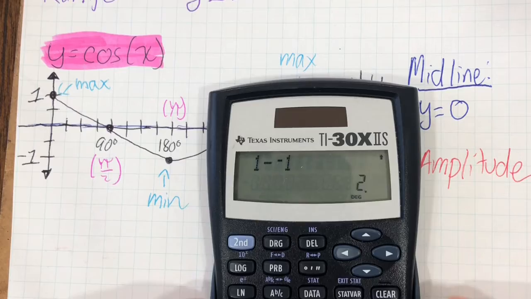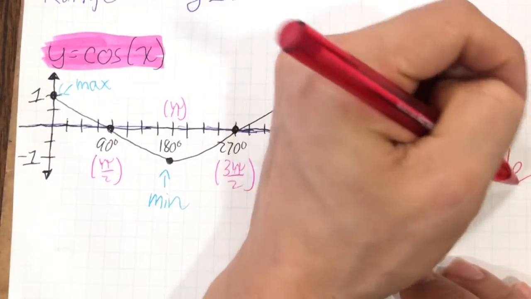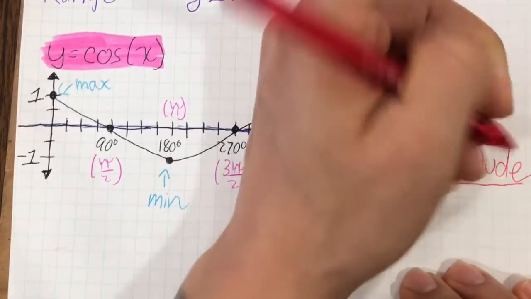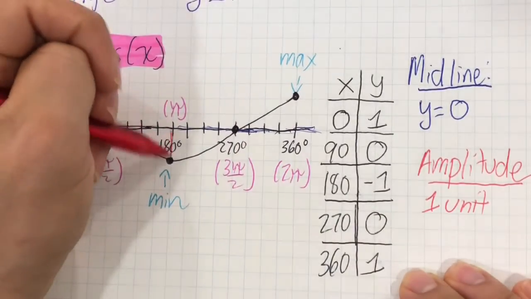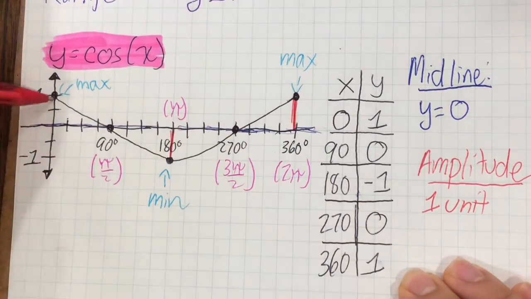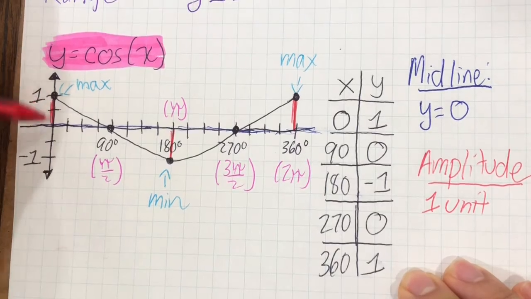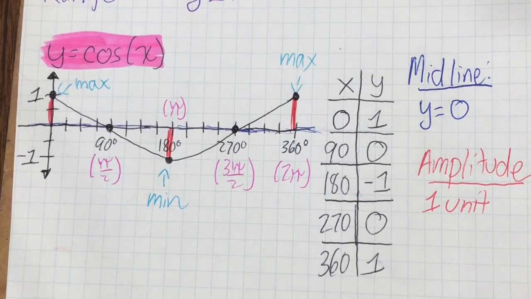I get 2, divide that by 2, I end up with 1. So my amplitude for cosine of x is 1 unit. All right, so my amplitude is 1 unit from the midline to either the maximum or the minimum point. It's 1 unit. All right, so now we're going to go ahead and figure out the period of the graph.